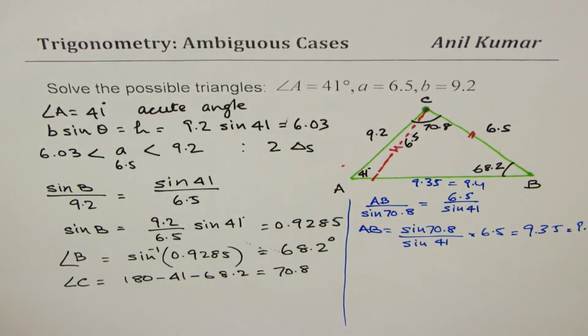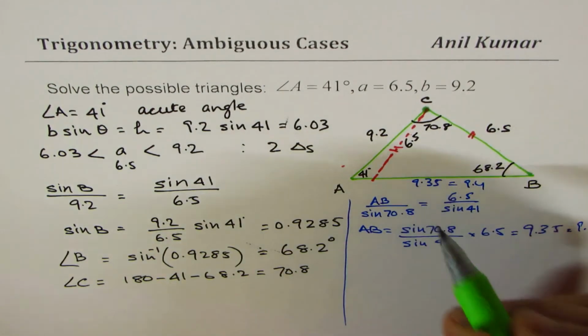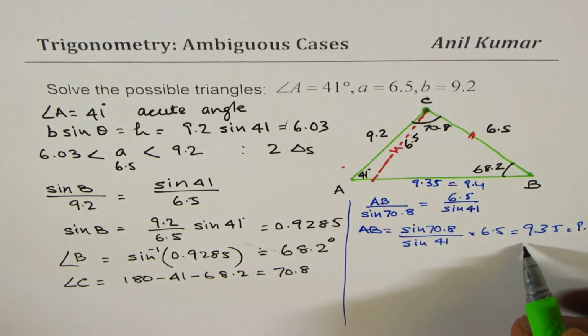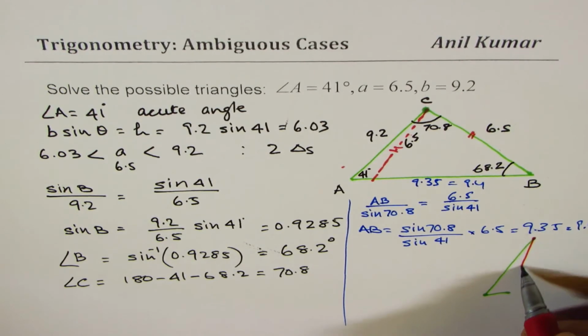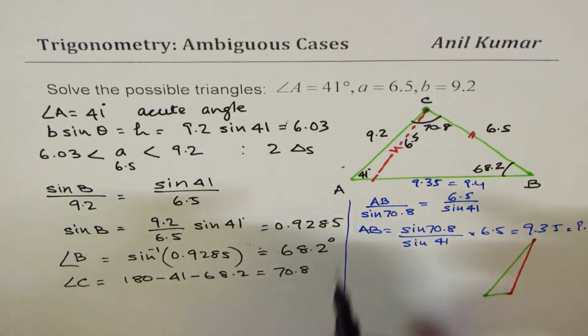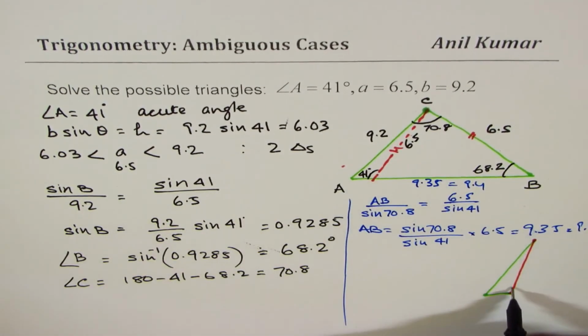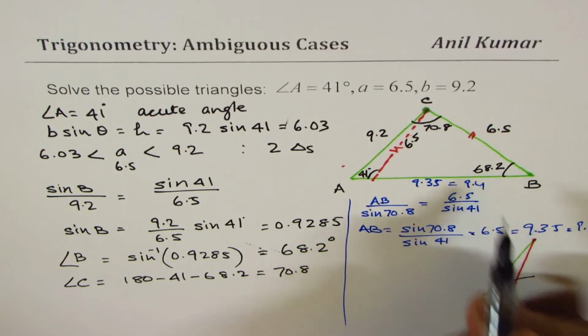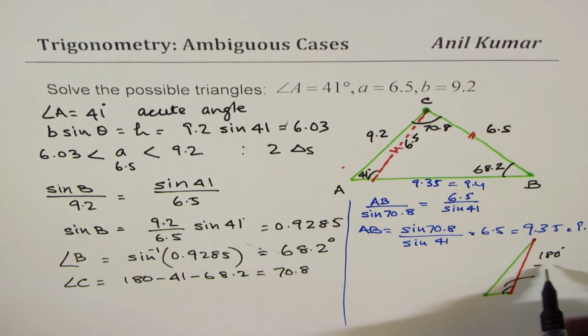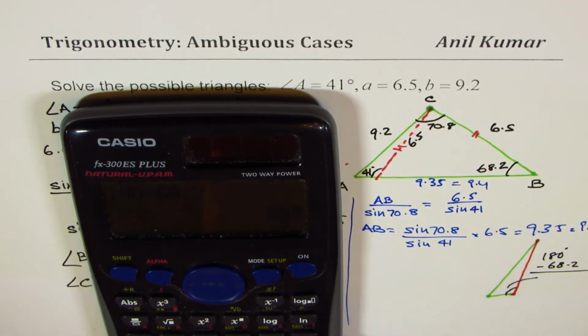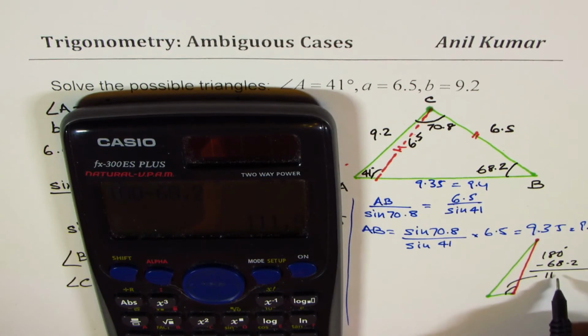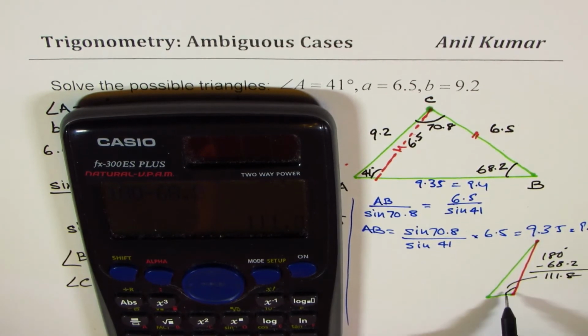Now you can solve the smaller triangle, which is basically this one, right? Now the angle here should be how much? 180 minus 68.2, which in decimals gives 111.8. So that is the angle here.